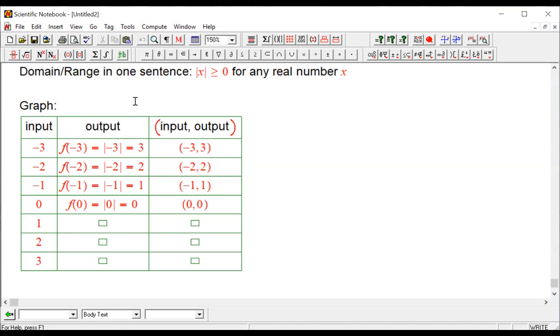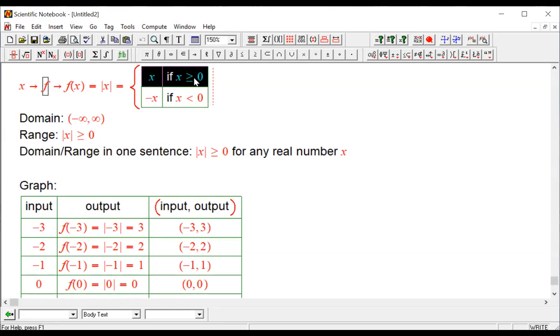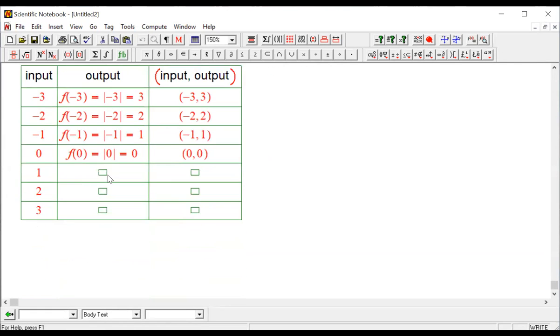And for 1, 2, 3, that's straightforward, right? We can just use this branch, and this should be so easy for you, but don't forget how we have come along, okay? The absolute value of 1 is 1. The absolute value of 2 is 2. The absolute value of a positive number is the same as the number.